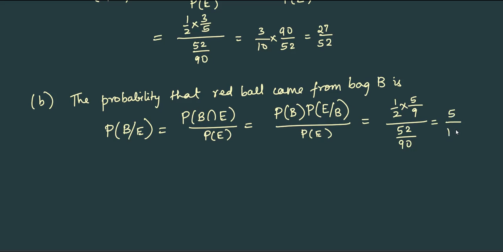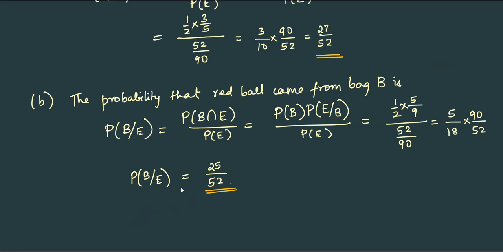So 5 by 18 into 90 by 52. 18 fives are 90. So we get this as 25 upon 52. So the answer for the first bit is 27 upon 52. The second bit is 25 upon 52.